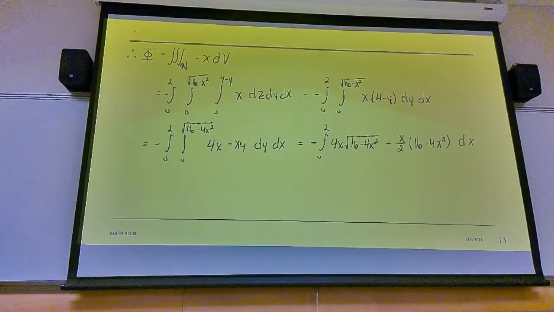Oh, actually, let's get rid of that negative on the outside now. That becomes negative, this becomes positive. That's what, 8x?